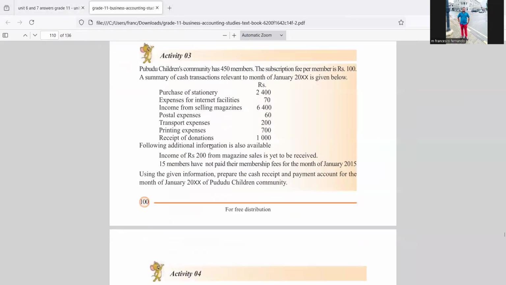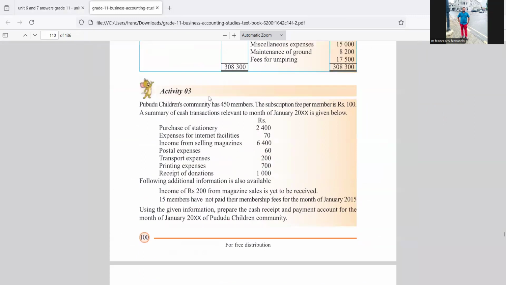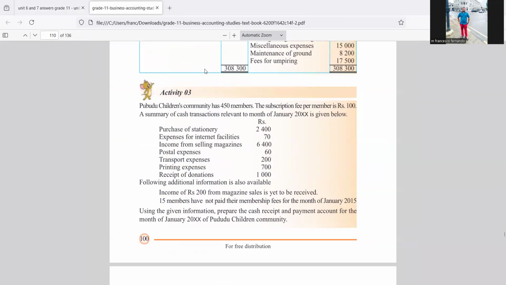Then if you take activity 3, you have been asked to prepare a cash receipt or payment journal. Now here there are 450 members and the subscription fees per member is rupees 100. The question says 15 members have not paid.